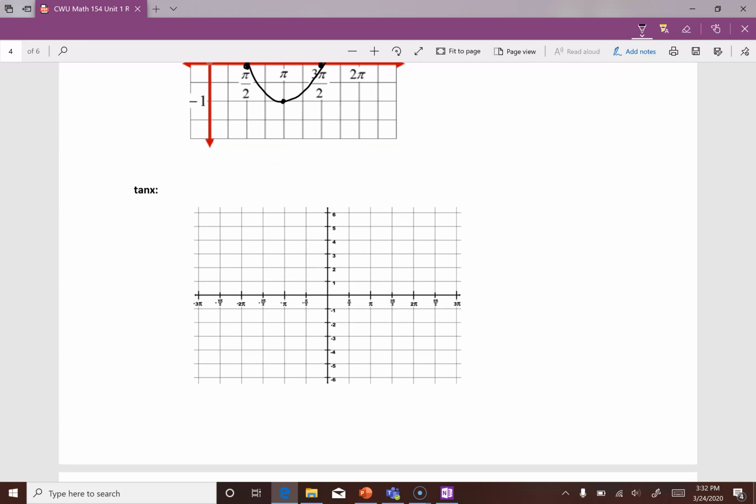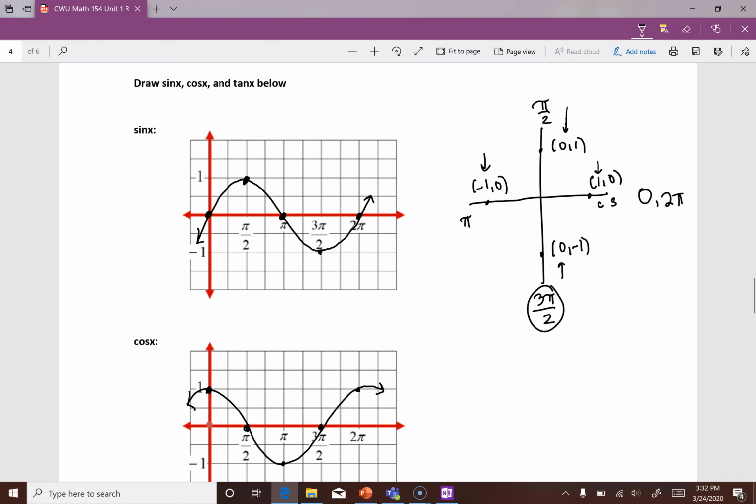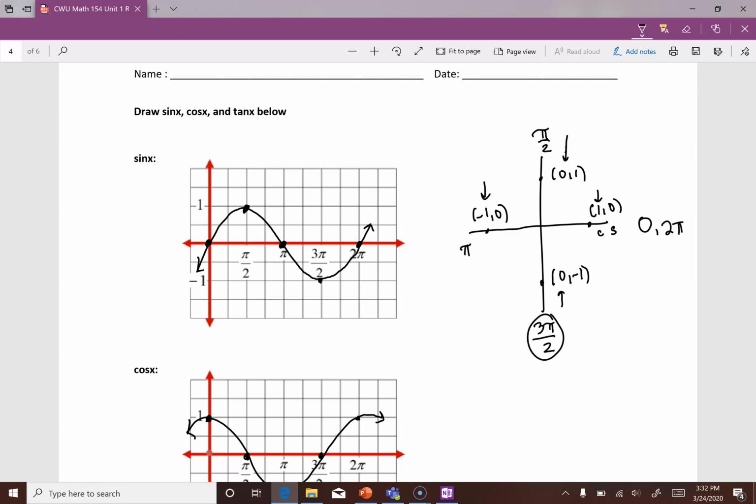All right, tangent. Tangent is sine over cosine. So going back here, we realize that we can just divide the two values. All right, so here, I'm going to do 0 divided by 1. So that gives me here, I've got a tangent of 0.